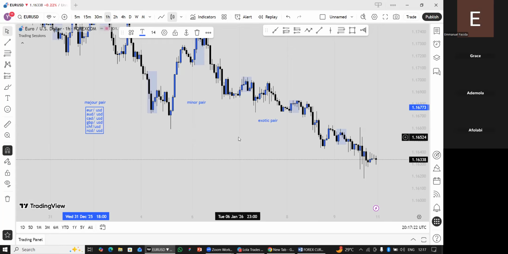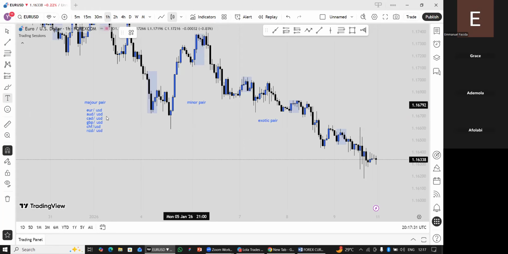For the minor pairs, these are the ones that are crossing each other, not crossing the dollar. This is where you get the most traded pair, GBP, the Great British pound, crossing the Japanese yen.